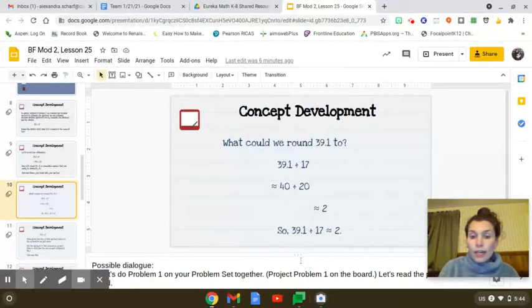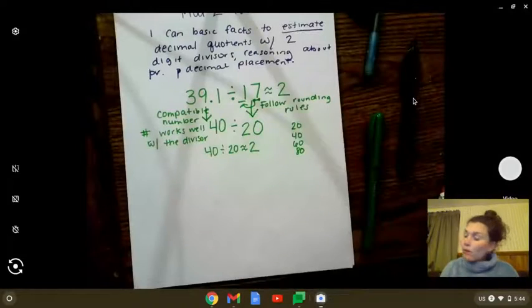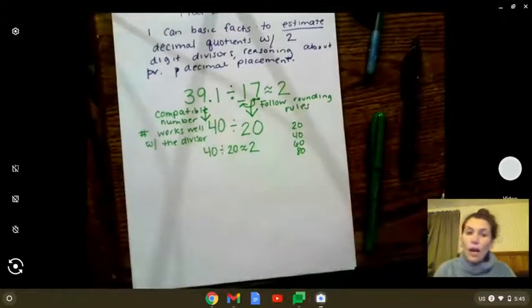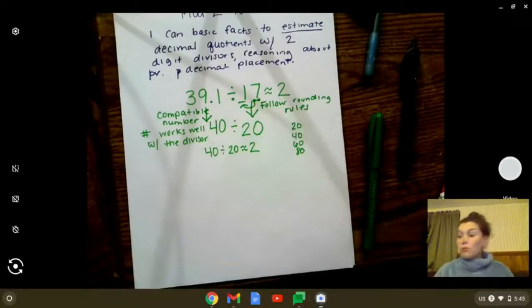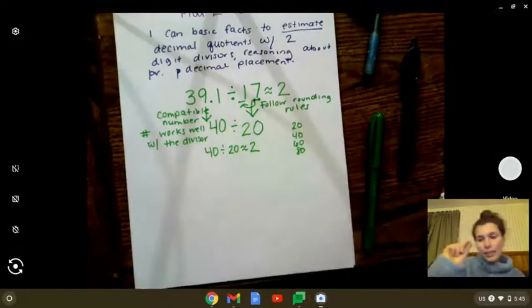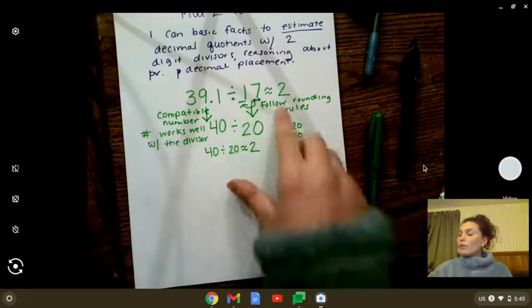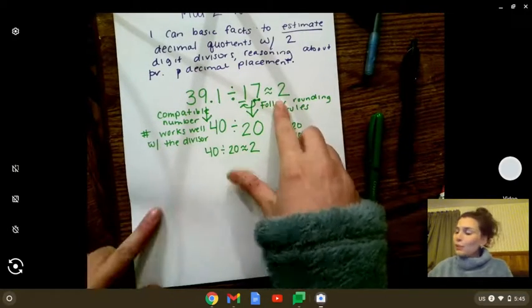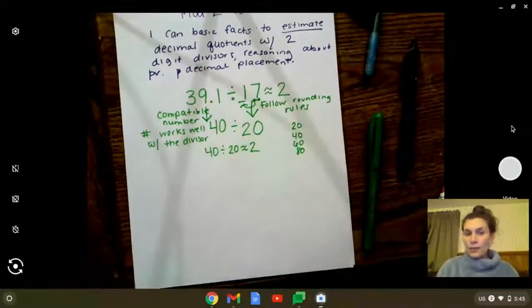We rounded up in both of our problems. So our answer is going to be slightly bigger. That's why it's really important to make sure we are always thinking about our estimate.